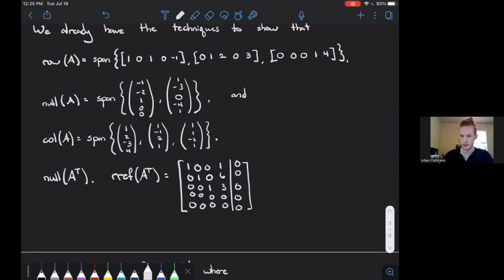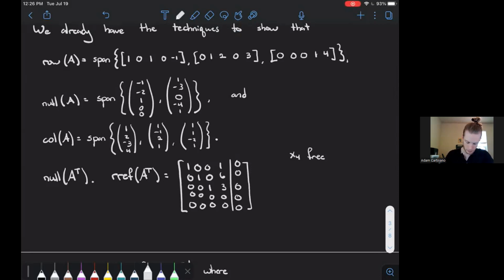We can go and solve that system. This is a system with 5 equations and 4 unknowns. Okay, x4 is a free variable, and then x1, x2, and x3 all depend on x4.